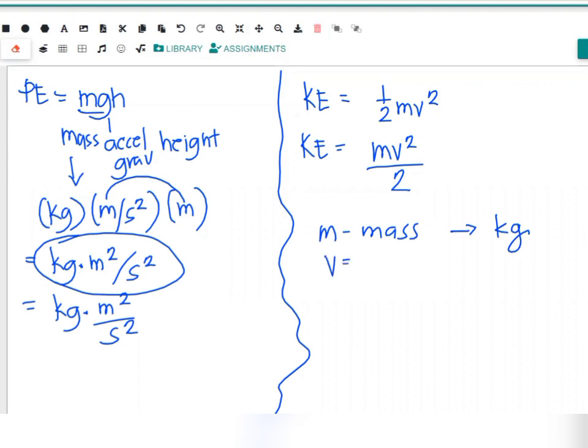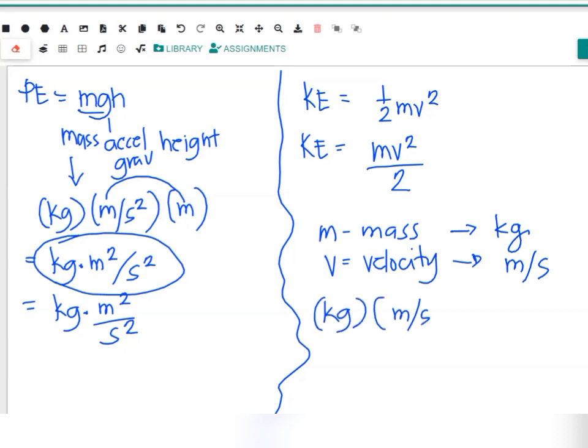Now, for kinetic energy, M here is still mass, which has the unit in kilograms. Tapos yung velocity naman natin, or yung V, is the velocity. So the unit for velocity, class, is meter per second. Tama? However, if we are going to write this kilogram meter per second, this is not a unit of energy, correct? But remember, in the formula, it says here it has to be squared.